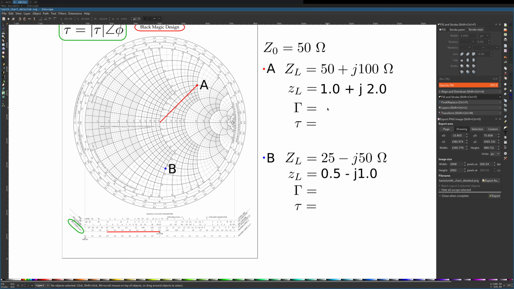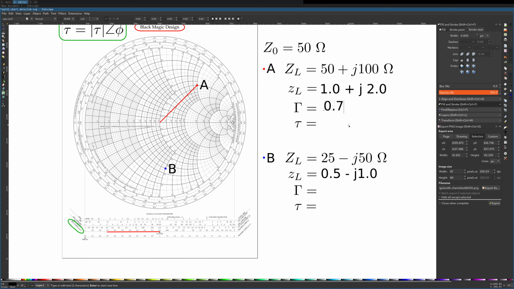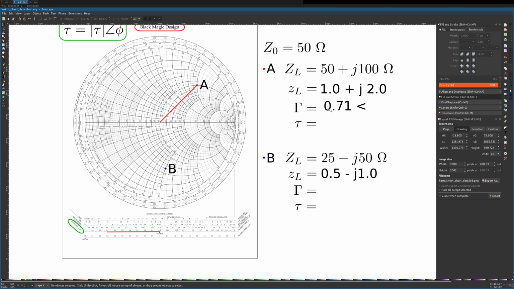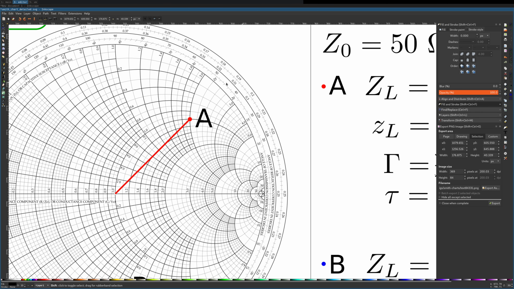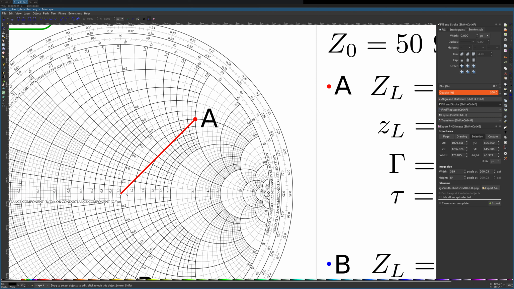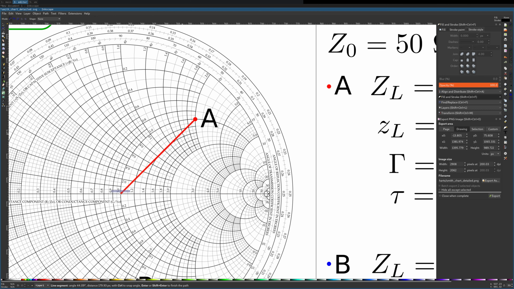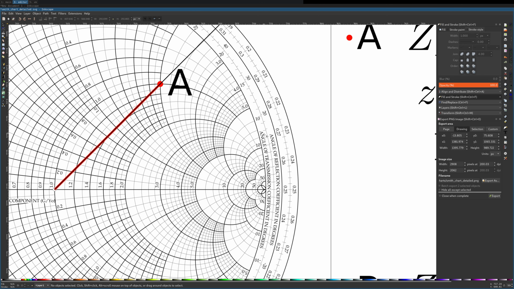So here I'll type 0.71. We still need the angle. And to read the angle, you draw a line from the center of the Smith chart past the point A, all the way out of the Smith chart. And if you look at the rings surrounding the Smith chart, one of the rings, the second inner ring, says angle of reflection coefficient in degrees.